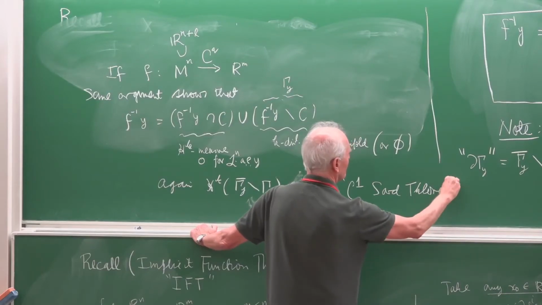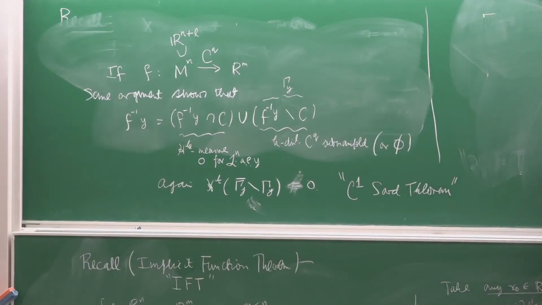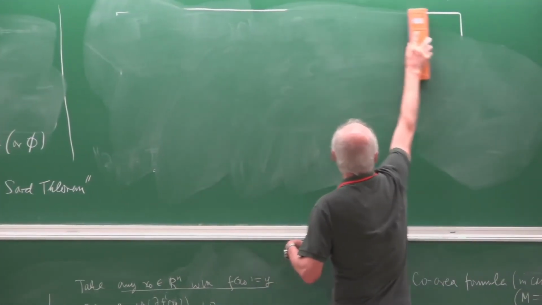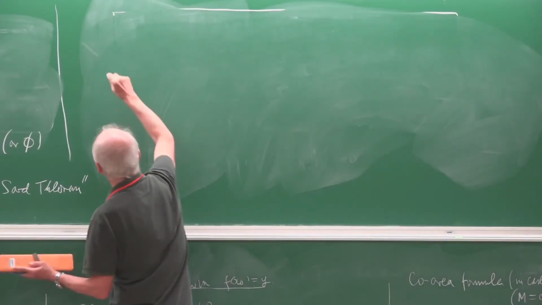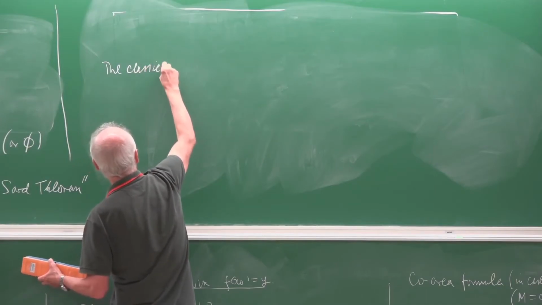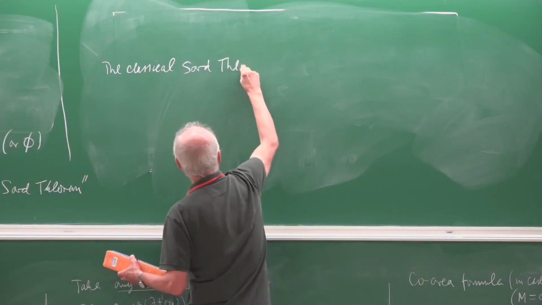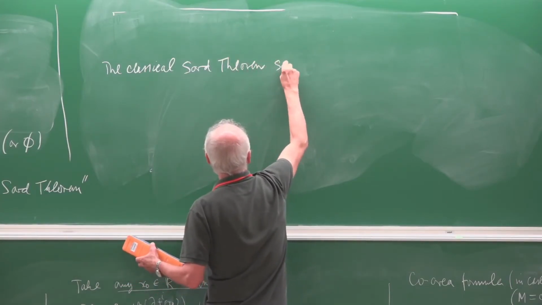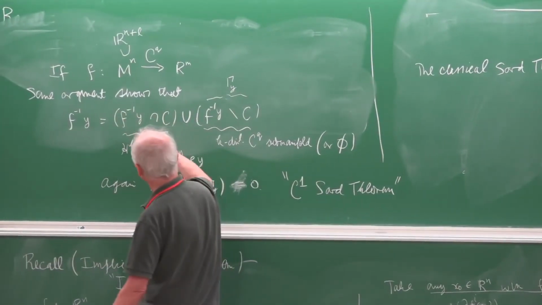Let me just mention how it relates to the classical Sard theorem, since that's such an important theorem. The classical Sard theorem says actually more. It says that this is empty for almost every y.